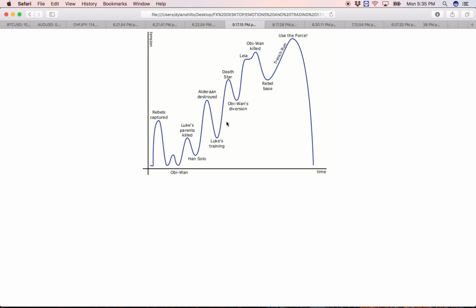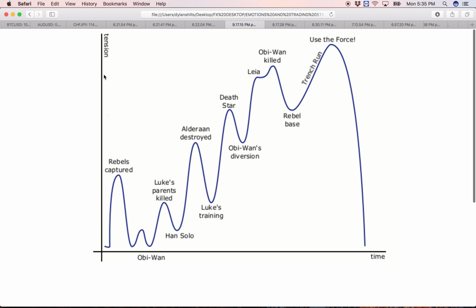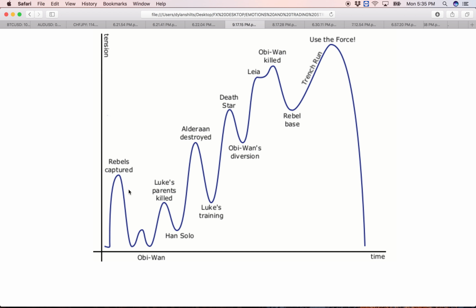So here is the Star Wars tension versus time, Obi-Wan Kenobi, W formation. We have the trend going up, and then the pump and dump scenario.